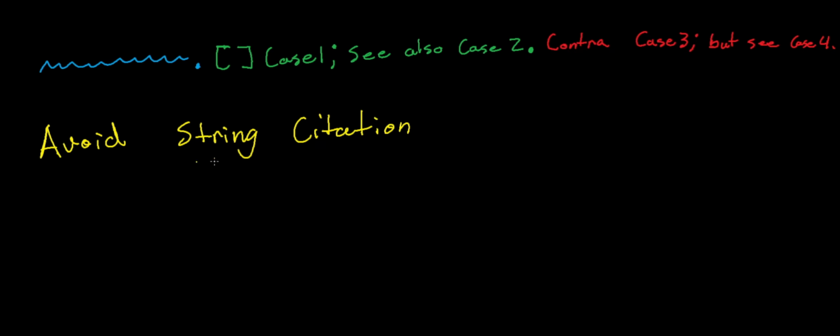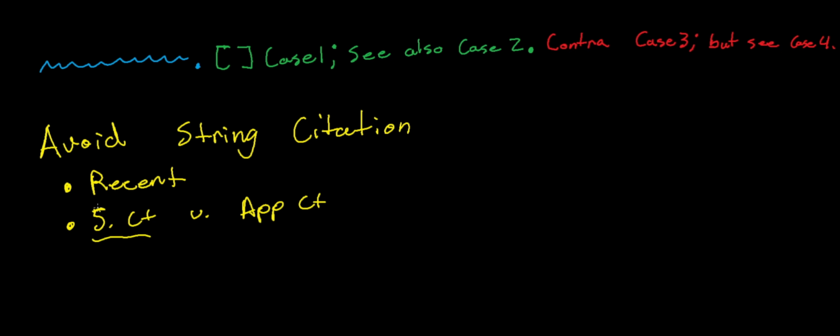Instead of using string citations, it's generally better to just find the case that has the best authority for what you're trying to say, and consider the factors of how recent it is, and then whether it was a Supreme Court versus appellate court decision. Obviously, a Supreme Court decision is more authoritative, and a more recent decision is more authoritative. So just consider which authority you have is the most important to cite.